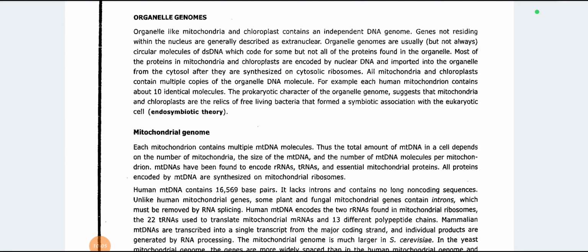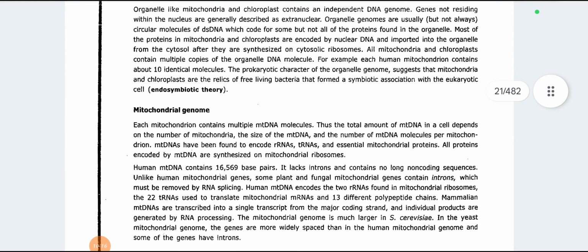They code only for some proteins, and most of their demand is met by nuclear proteins. So mitochondrial DNA and chloroplast DNA import some of them from the nucleus.